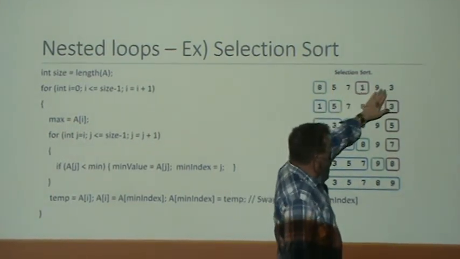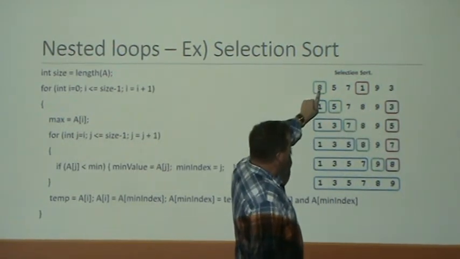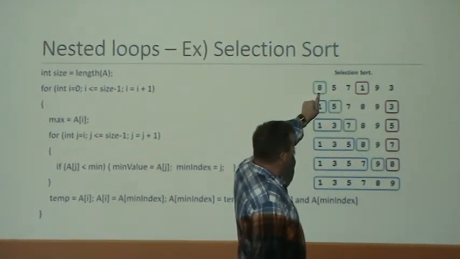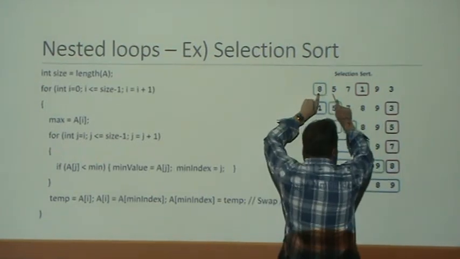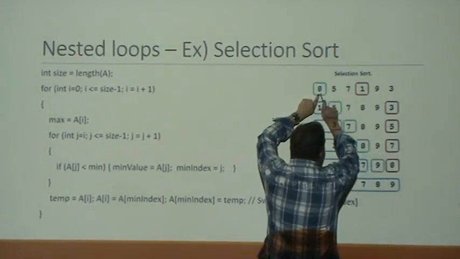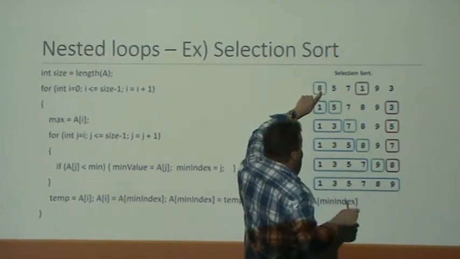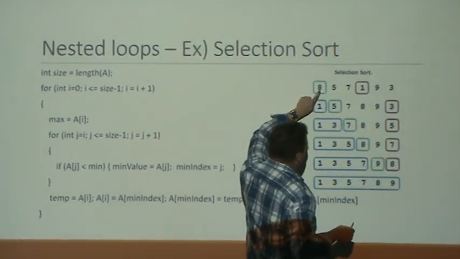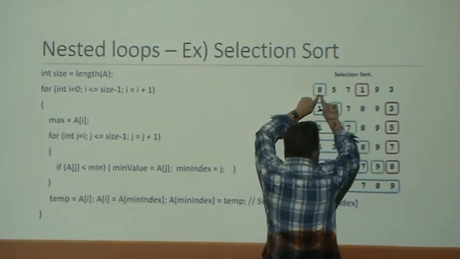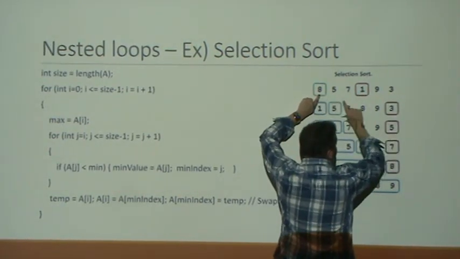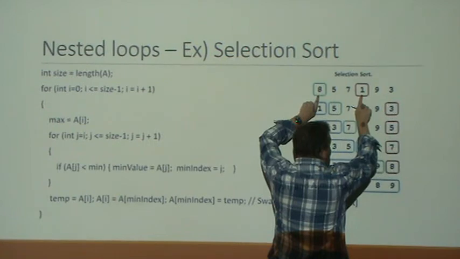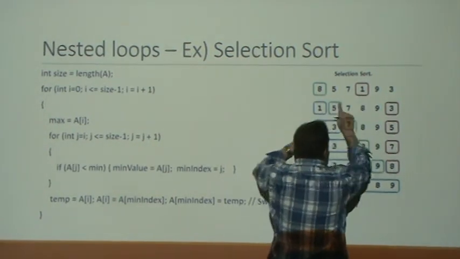So we have an array of numbers, and we say we're going to swap the first one with the lowest number in the whole array. So we're going to run a nested loop. I'm going to say for I equals the first one, then I'm going to have j go through all the elements in the array and find the smallest one. And when I find the smallest one, I'm going to swap that with the first one.